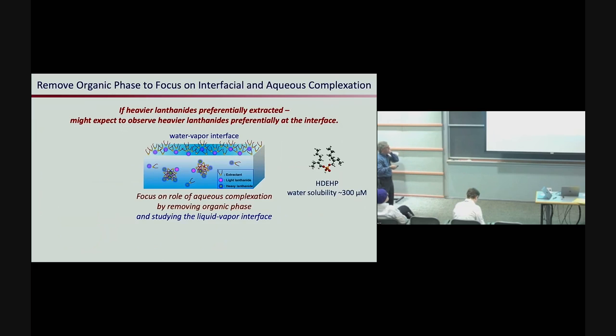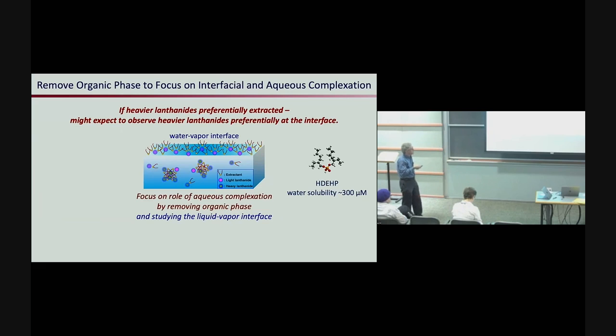Now, in the experiments we do, it's useful to have a layer of extractants and ions in residence at the interface in order to probe their structure. These particular extractants transport relatively rapidly through the interface, and we had once tried some measurements and we realized that things were just moving quite rapidly through the interface.